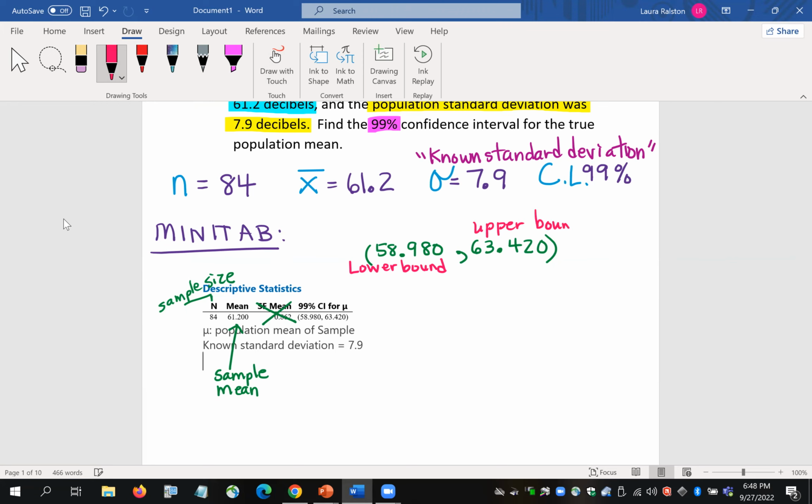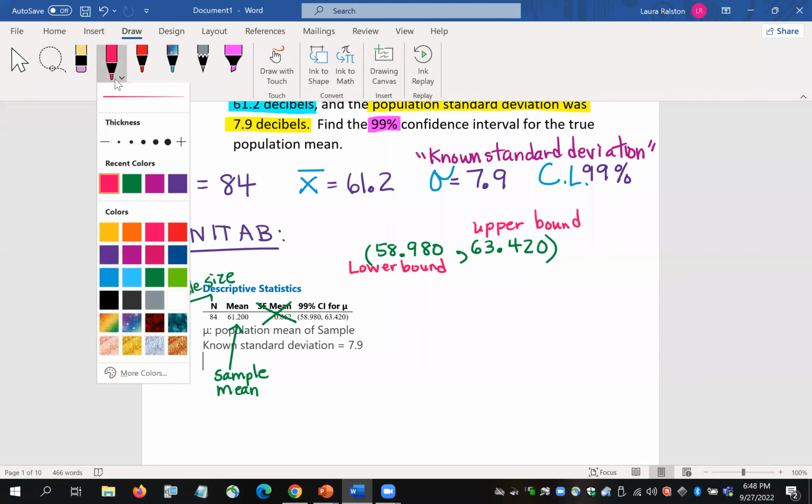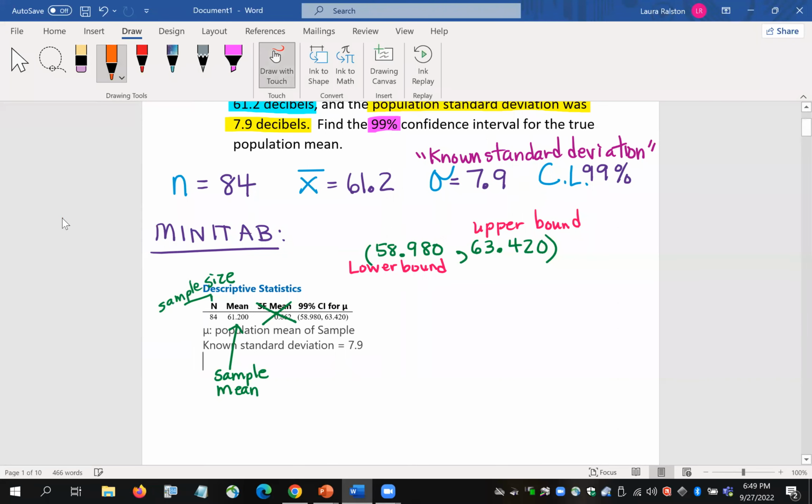And so the highest value that your mean could be is 63.420. I then have to calculate the error bound for the mean.